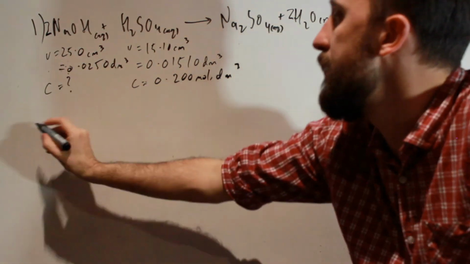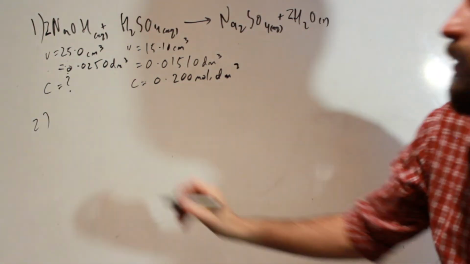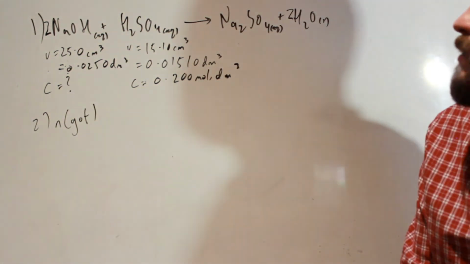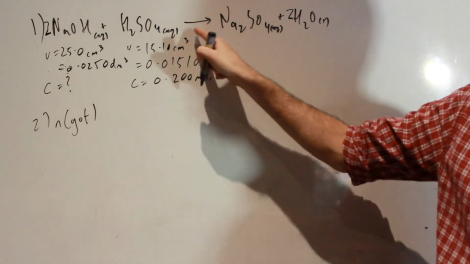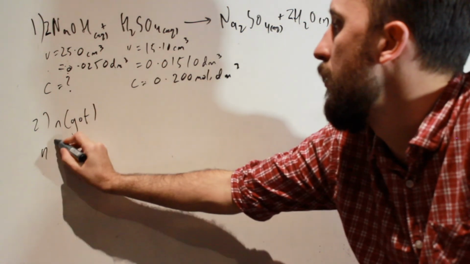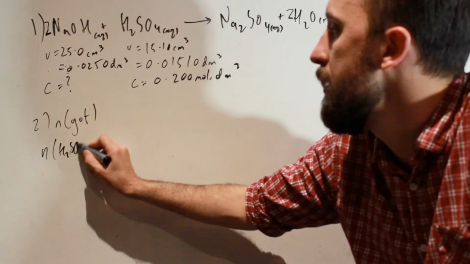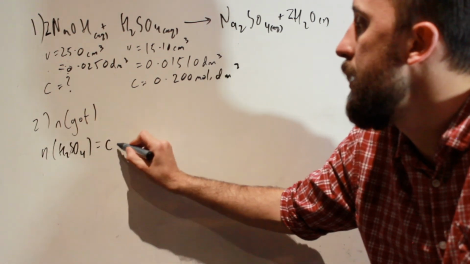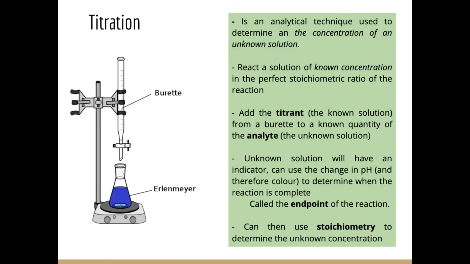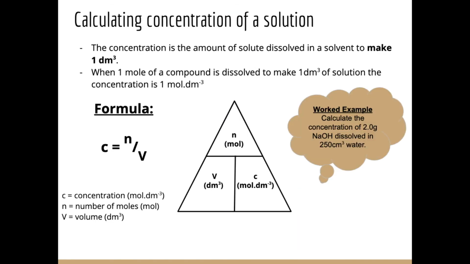All right, after we've done that, we calculate the number of moles of what we got. The number of moles of what we got, what we can calculate is this one here, because we've got a volume and a concentration. So the number of moles of sulfuric acid is going to be equal to C times V. So that's rearranging our concentration.